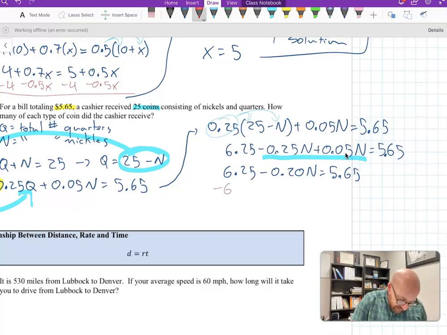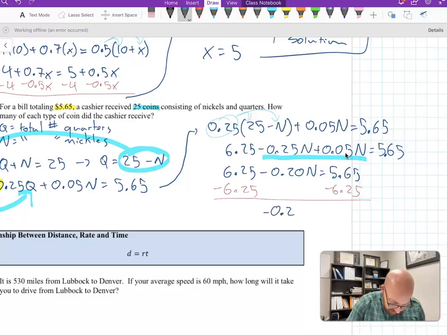Let's subtract the 6.25 on both sides. We have negative 0.2n is equal to, let's see, that's going to be a difference of negative 0.6.